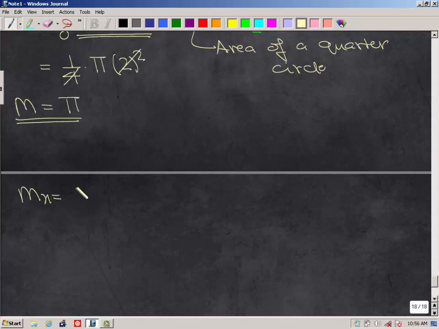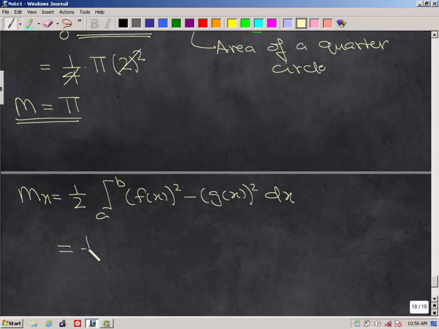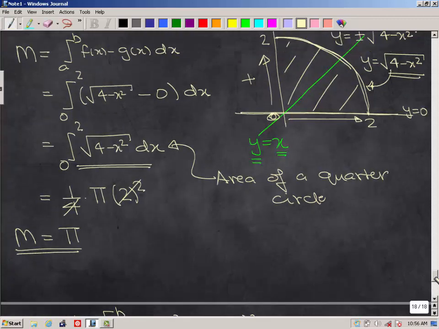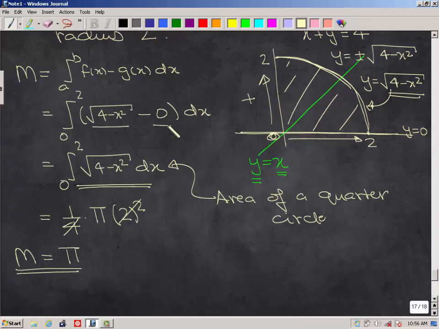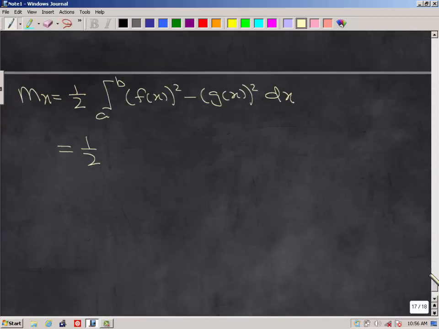M sub x is 1/2 the integral from a to b of f of x squared minus g of x squared dx. f of x and g of x are the same as what you started with up here with the mass. This would be f of x, this would be g of x, so you don't have to reinvent the wheel. The limits of integration are also going to be the same. Once you do one integral, everything else is going to be the same.